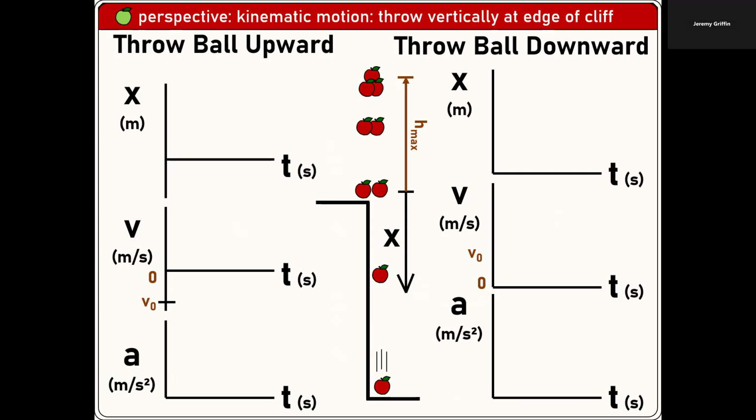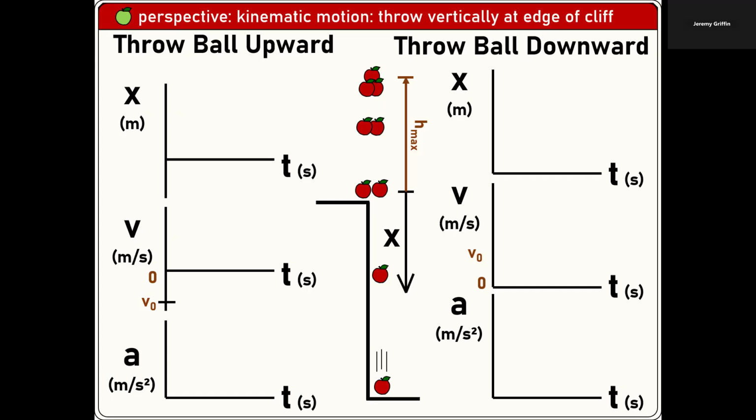All right, what do those graphs look like? Throw a ball upward, throw a ball downward. Piecing those together, let me throw you some hints on how to frame these. If I throw the ball upward, does it eventually change direction? Yeah, because it's going to go up to some maximum height and turn around.